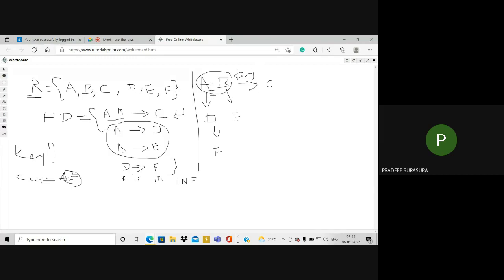This will be in one table, this will be in another table, and this will be another table. So R will be normalized to R1, R2, and R3. R is broken into three tables.